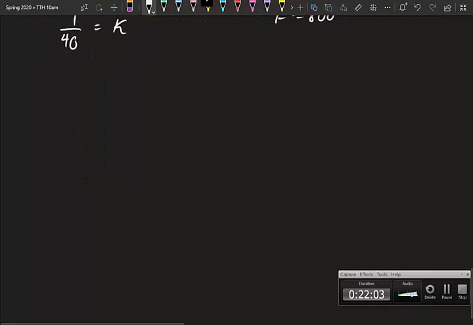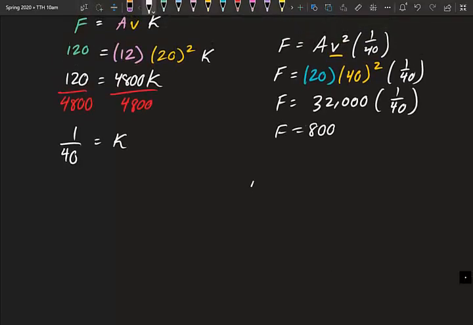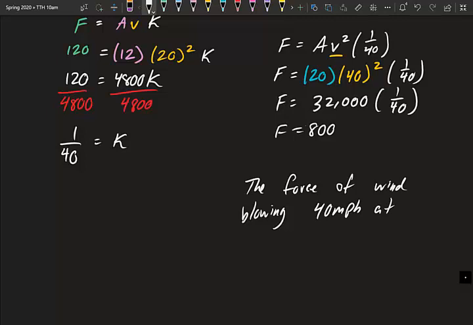So what this means, the force of a wind blowing 40 miles per hour at a 4 foot by 5 foot window is 800 pounds.